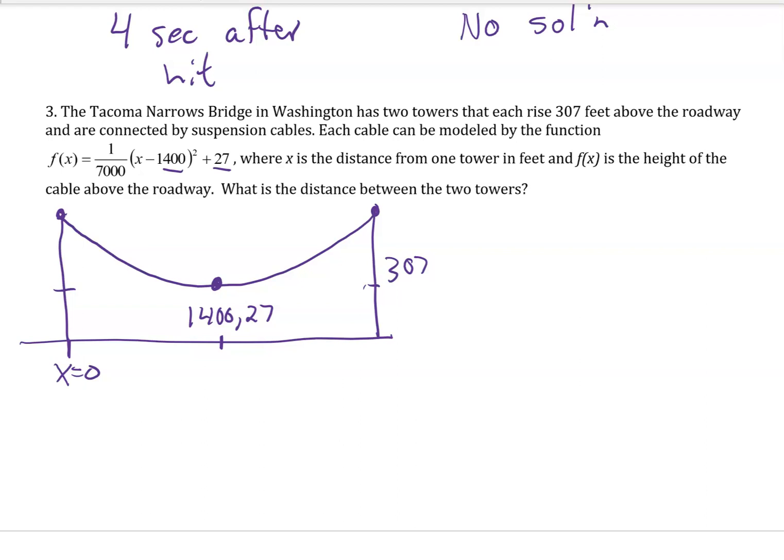Well, if it's 307 feet high on the left and 307 feet high on the right, this is the vertex, which means it is exactly in between the 2 towers. So if the exact middle distance between the 2 towers is 1400 feet, then I also have another 1400 feet to the second tower. So although it looked complicated, the math is really pretty easy. It's 2800 feet. And that is the end of today's lesson.